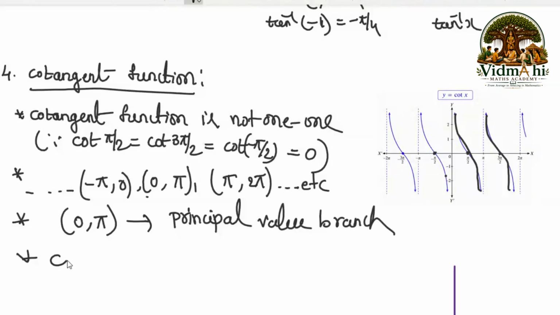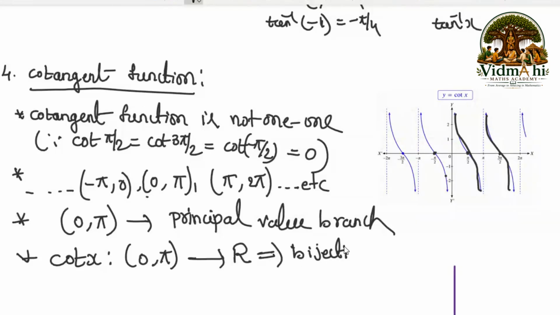Now the cot function, cot x, has domain the open interval 0 comma pi, and the range is the set of real numbers. So in this case, the cot function is bijective.